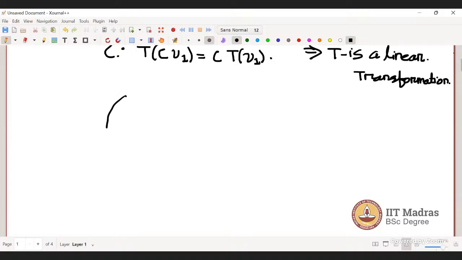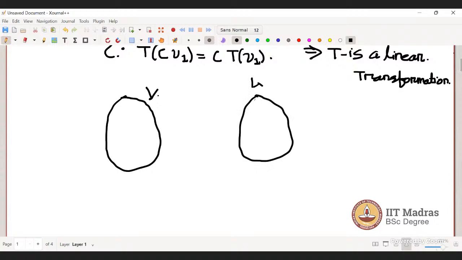Let's say this is V and this is W. I have V1 here, V2 here, and V1 plus V2 here. T is a map from V to W. Then you have the image of V1, that is T of V1, and the image of V2, T of V2.